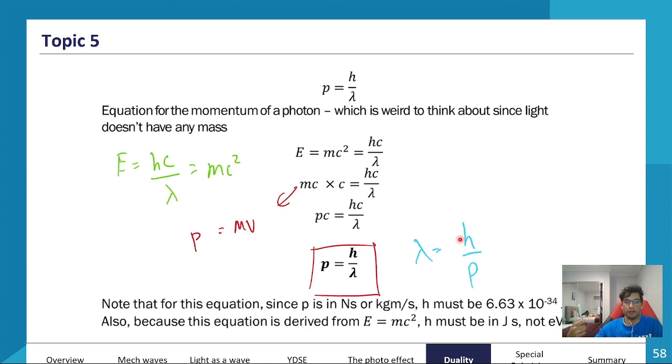This pen in my hand has momentum because it has a mass and a velocity. So h divided by the momentum of this pen is going to give me its wavelength. What we just showed is that things with mass, or everyday objects, actually have a wavelength.